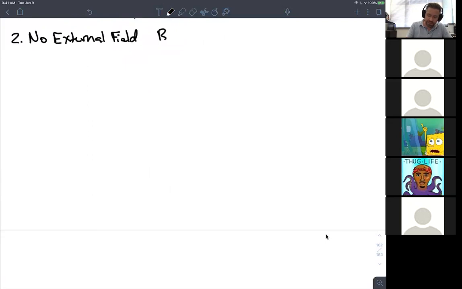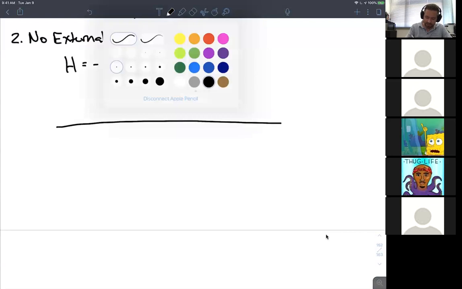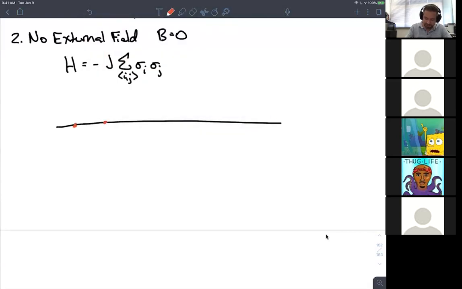Okay, in other words, B is equal to 0. So our Hamiltonian in this case is just minus J sigma_i sigma_j summed over nearest neighbors. And you'll recall last time that we had defined our system in such a way that we're looking at spins on a line. This is spin 1, spin 2, all the way to the last spin, n.